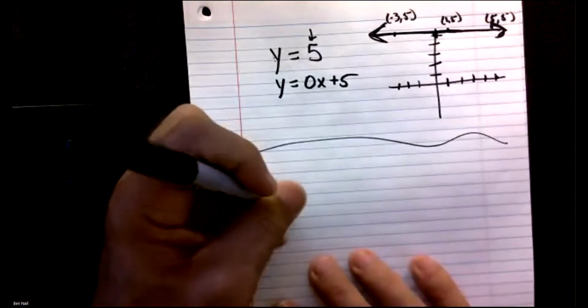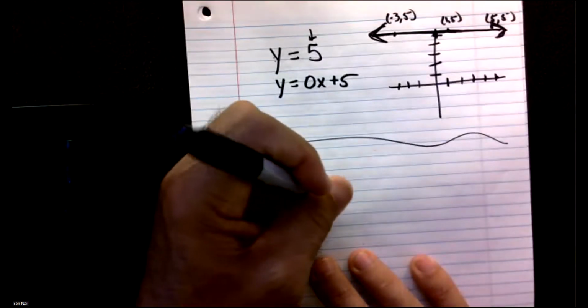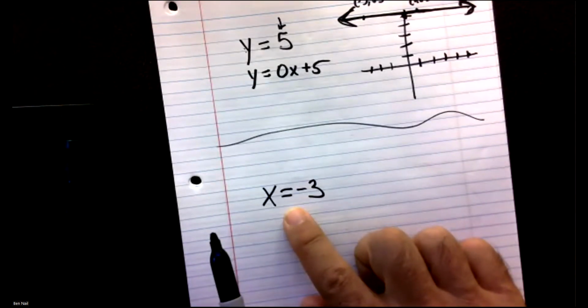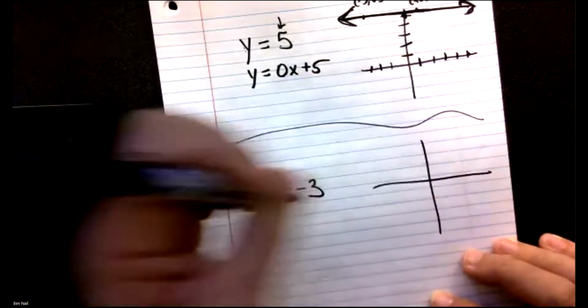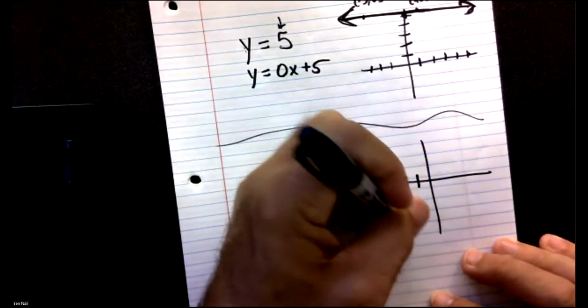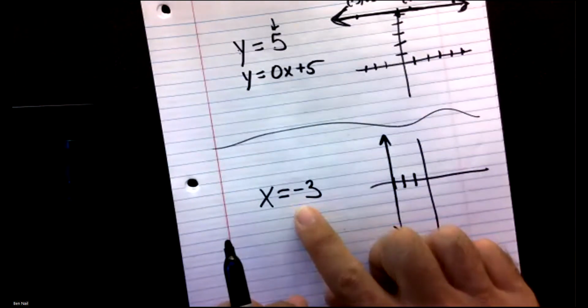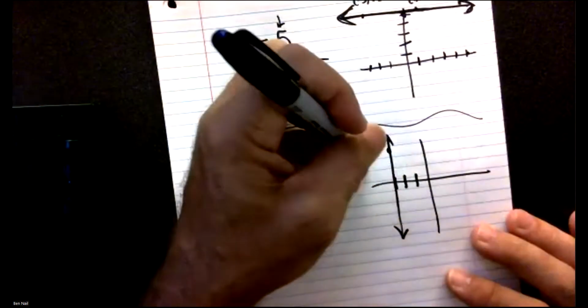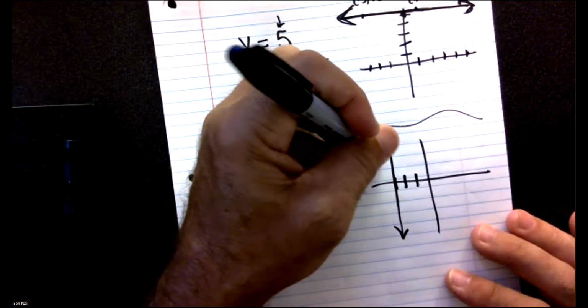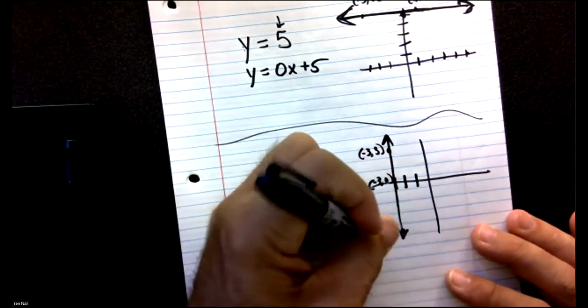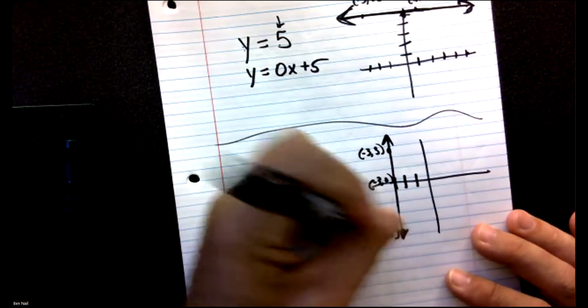And then the exact opposite of that. So if I said x equals, there's no way to put that into slope intercept form because this has no slope. What you get is a vertical line at whatever your x equals. So this would be like the point -3, 3, or -3, 0, or down here at -3, -5.